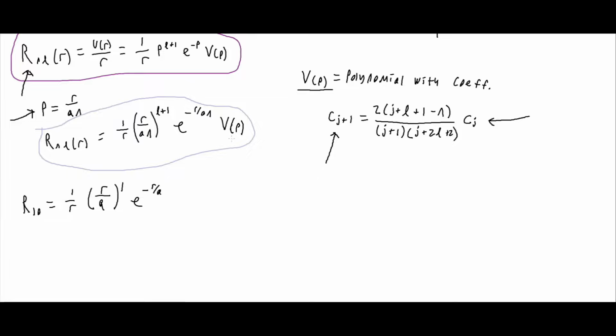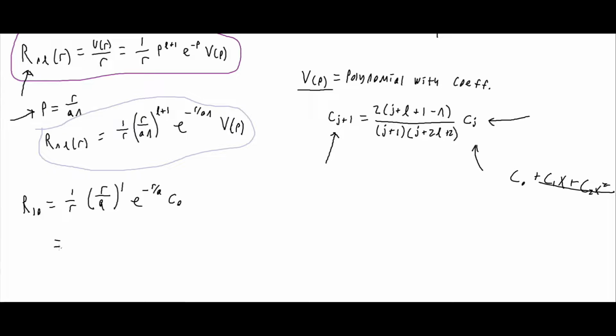Our v function of rho is just going to be c sub naught, because remember it's c sub naught plus c1 x plus c2 x squared, and so on. But we said that everything after c sub naught is 0, so those are all canceled out, and we just end up with c sub naught.